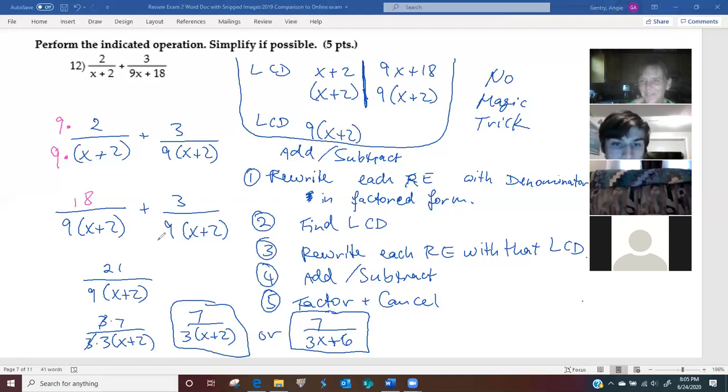But it's just illegal, because this is why steps are so important. You rewrite each one with that LCD, and then you have to add and subtract, because if you're multiplying, you do that. But this is adding and subtracting, so everything changes. We have to go across, maybe I need to put that step in.